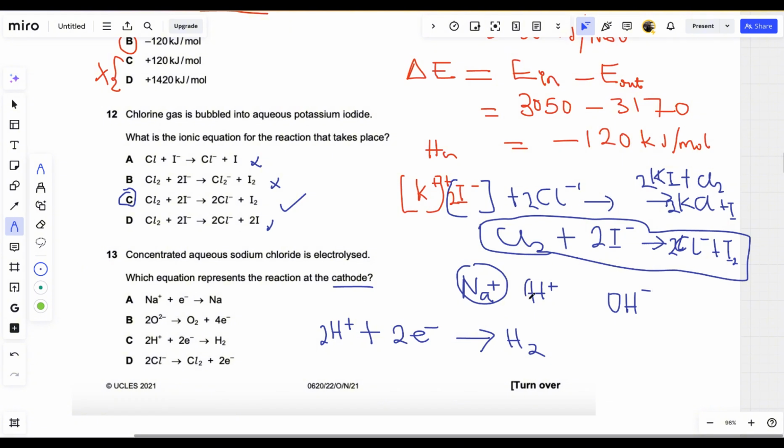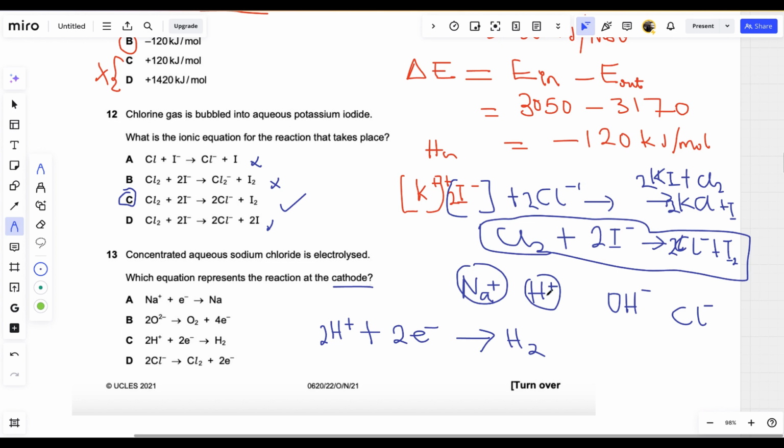But the hydrogen is less than sodium. You have 2 positive ions and 2 negative ions. The second negative ion is the chloride ion. But they are not asking us what is happening at the anode, so we are not going to bother ourselves. We'll only bother with what's happening at the cathode.